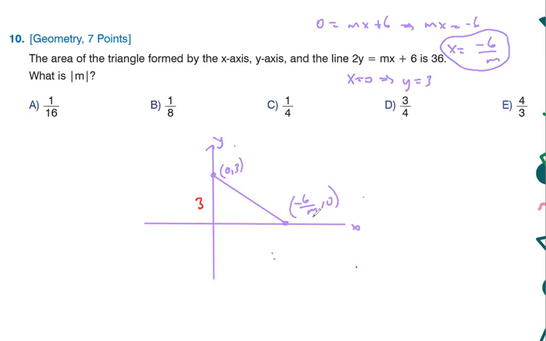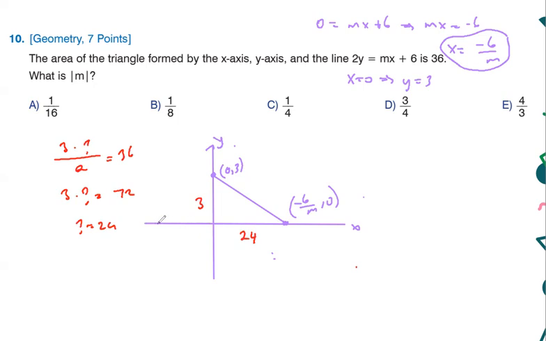So let's find that by using the area. 3 times something, which is this leg, divided by 2 should be 36 because that's the area. If I multiply both sides by 2, 3 times question mark is 72, divided by 3, that will be 24. Meaning that this distance is 24 units.